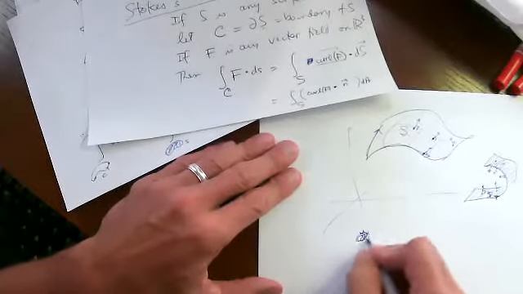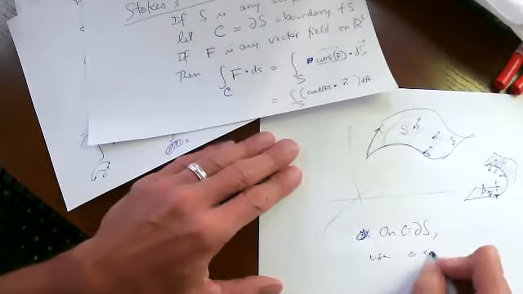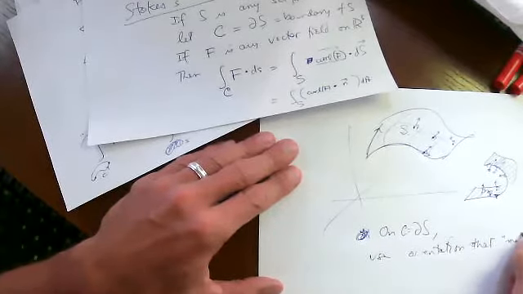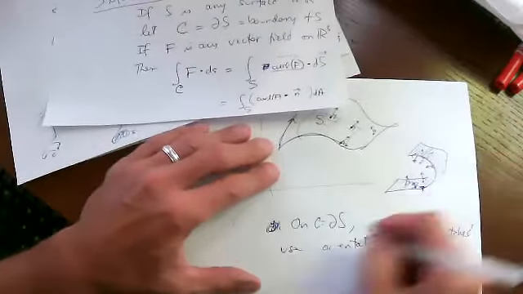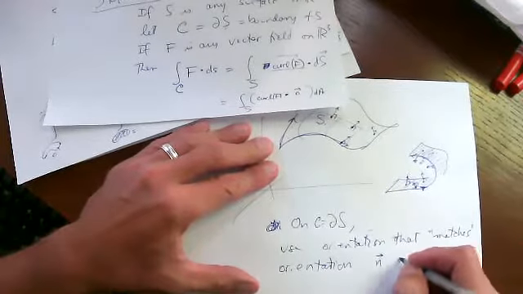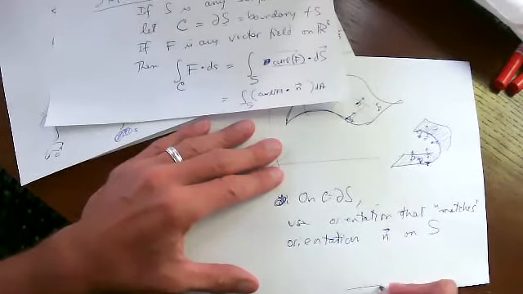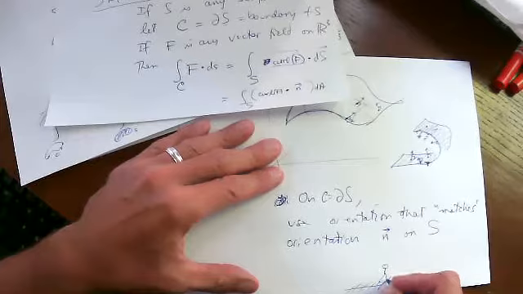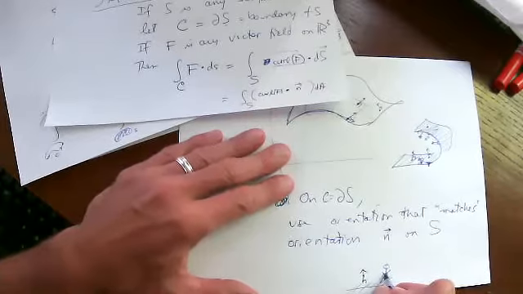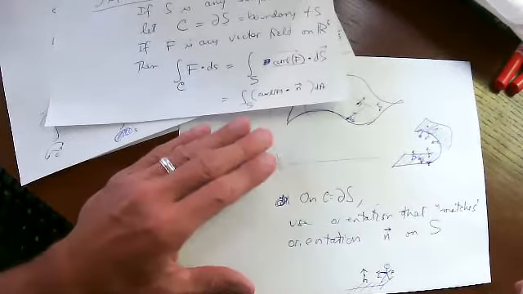So can I just say, on this boundary of S, on the curve that's called the boundary of S, use the orientation of the curve that matches, mathematicians would say it's induced by, the orientation, meaning the normal vector, that's on the surface, capital S. It matches in the sense that as you walk along the surface, you want to walk in such a way that the normal vector is pointing from your feet to your head, and your left hand is pointing into the surface, so your right hand is sticking out over the edge.